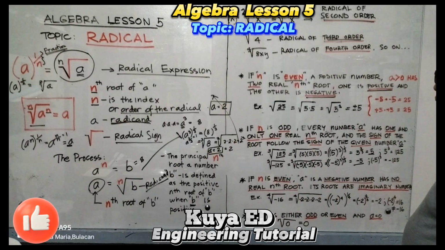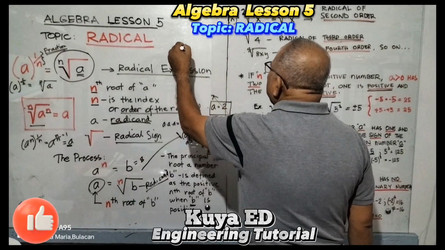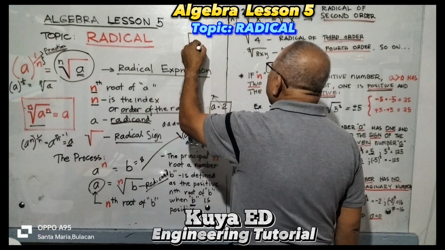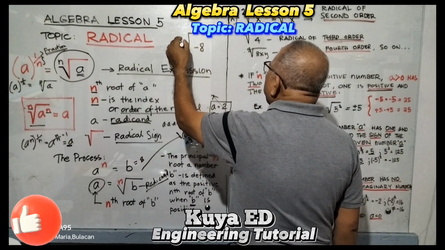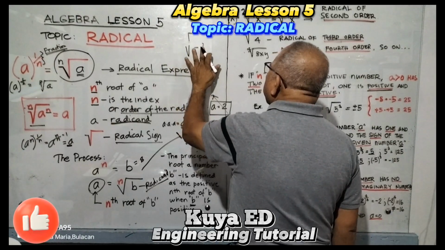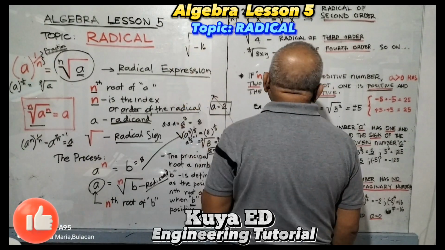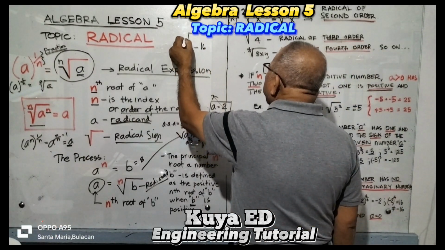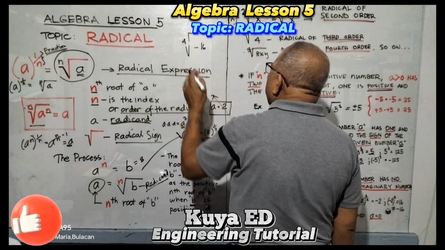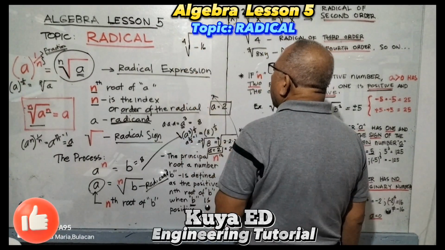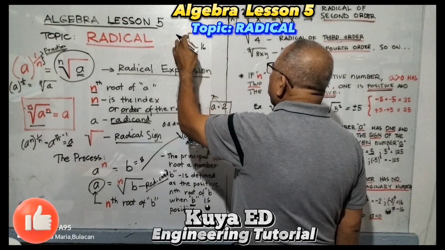No? Pagka negative daw yung example dito, negative yung even number, let's say 16. So, 4th root of 16 is, or square root of 16.